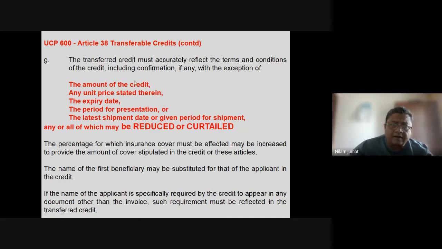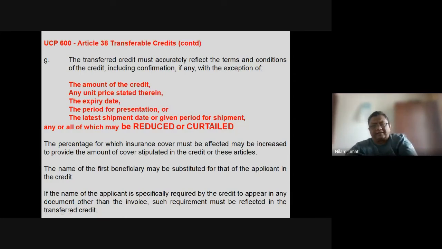Like the amount was $100, all these items can be reduced or curtailed. Understand? You won't transfer for $200 when you got $100 from Ali, that won't happen. So all this can be reduced. Here the name of the beneficiary may be substituted, that is the applicant in the credit. I told you, change the name from Ali to Banda.